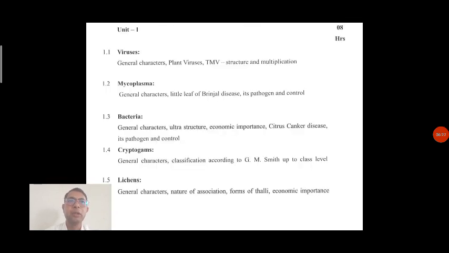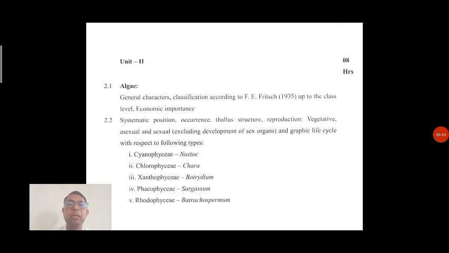Unit 1 includes virus, mycoplasma, bacteria, cyanobacteria and lichens. So these are the points which are given in unit number 1. We are going to talk about these points in detail later on. So unit number 1 comprises 5 different points: viruses, mycoplasma, bacteria, cyanobacteria and lichen.